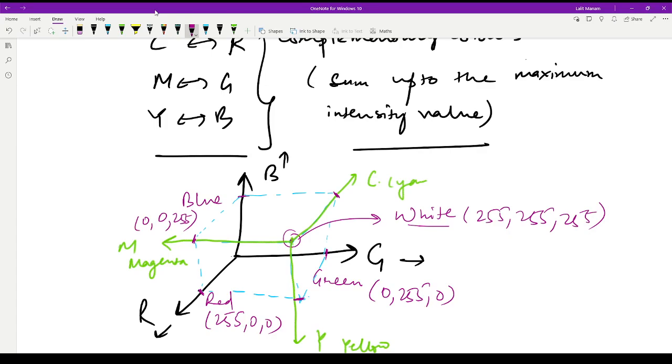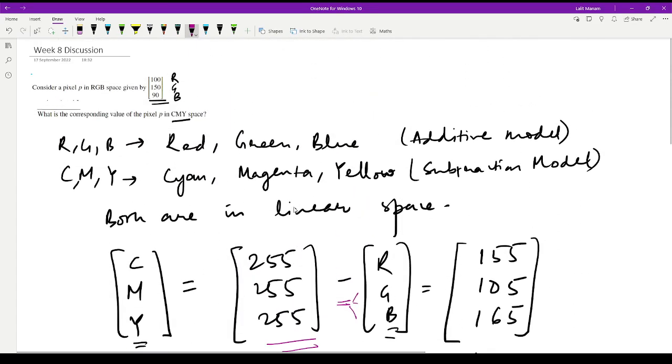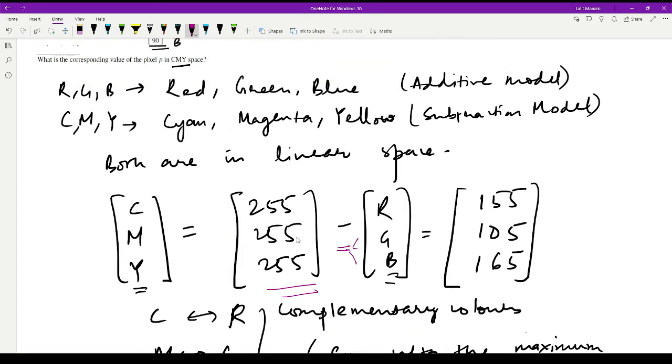So now it makes sense, right? Why are they complementary, geometrically speaking? There is nothing much in this question. You just need to know this specific relation, and you don't even need to know that. If you know that they are complementary colors and they add up to the maximum intensity value, that's all there is. Any doubts?